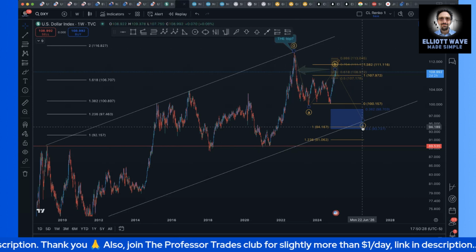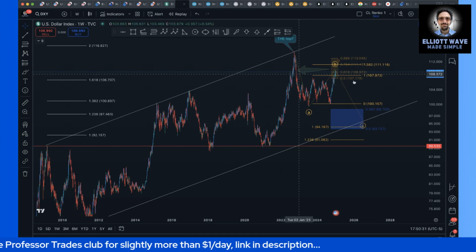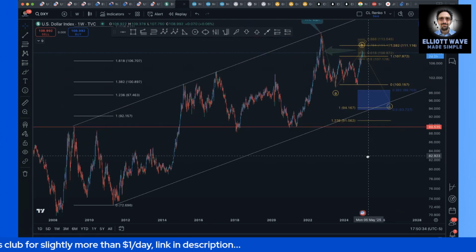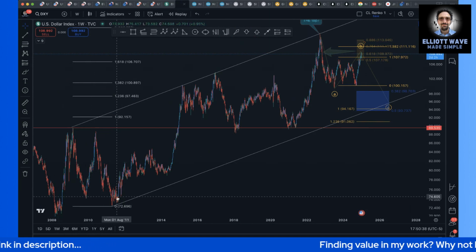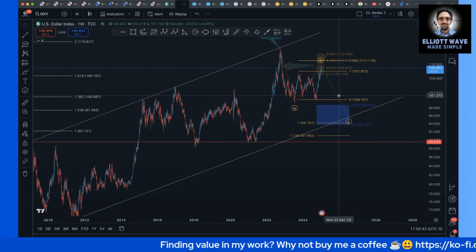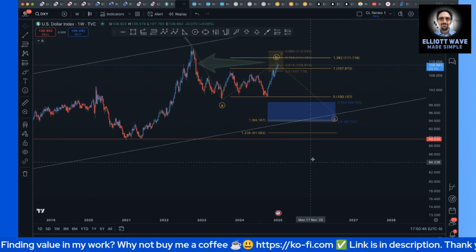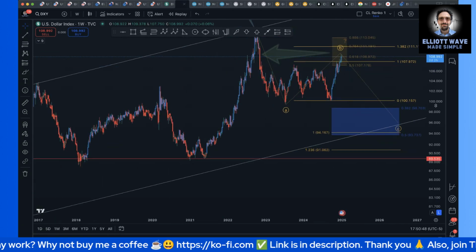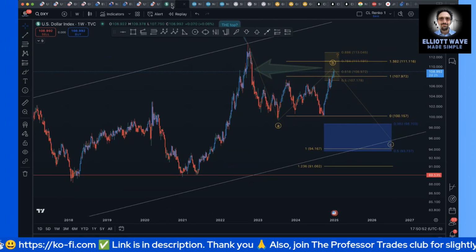We're in a diagonal. Yeah, this is wave 4. We're looking for a massive smackdown in the dollar. But before we can look for that, we have to see that type of structure on the lower time frame, which I just showed you.